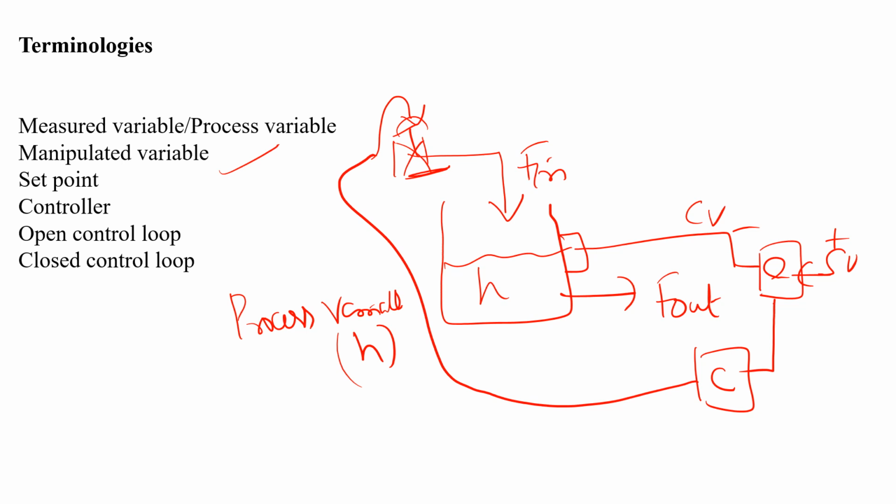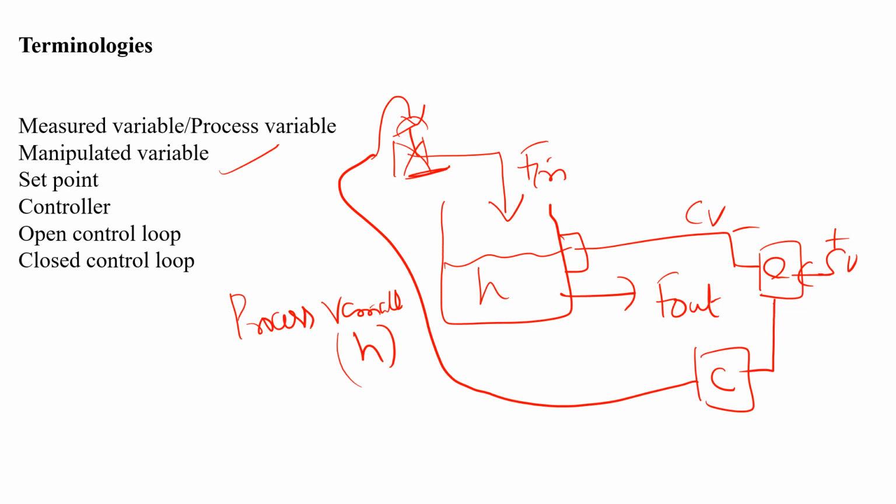So here the heater is the manipulated variable. That heat input will keep the temperature of the water under safety conditions, or it should follow the safety constraint. So it is a variable which is going to manipulate the process variable so that it will reach the desired value. Then set point, you all know that, the set value.